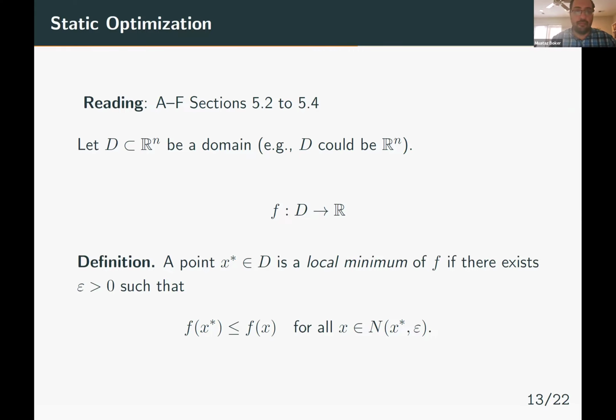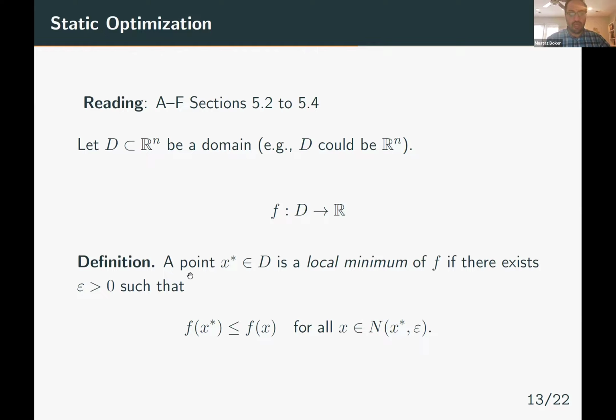All right. Now let's talk about static optimization. Again, these are in Athans and Falb, sections 5.2 to 5.4. So let D be a domain. D could be the whole domain of real numbers. And let's start with a scalar valued function.